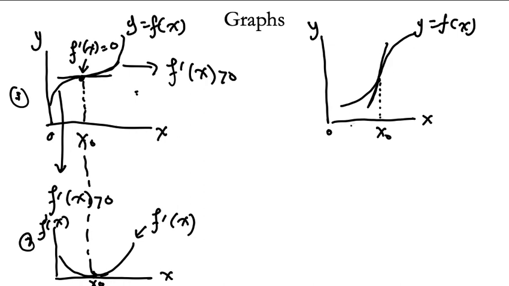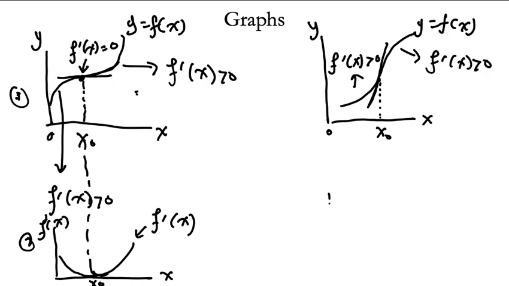Because it's not a linear line. Now, you can see here, the slope here, although it's not the same, f prime x is still positive. Here, after x naught, f prime x is still positive.